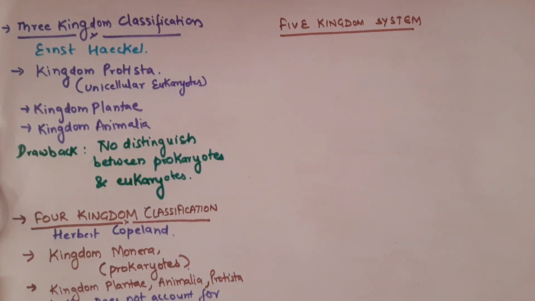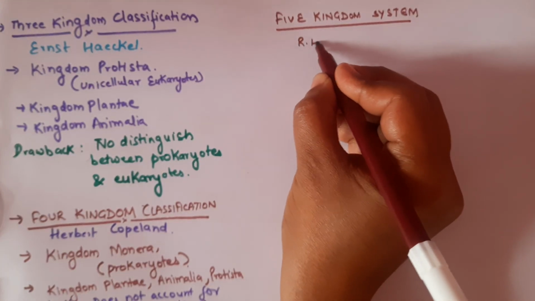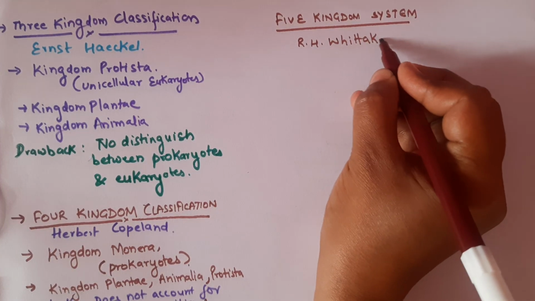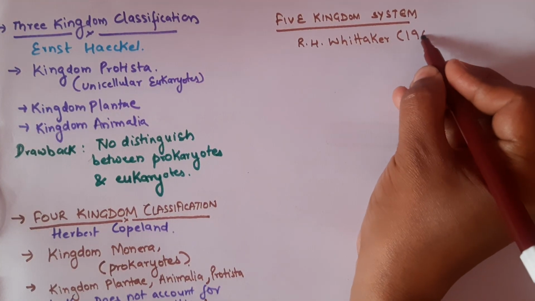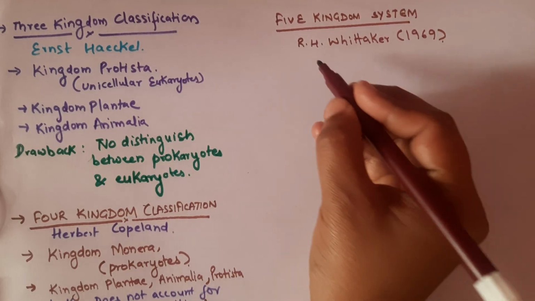So this is the most acceptable classification system, and it was proposed by R.H. Whittaker in 1969. So he included a separate kingdom, the kingdom Fungi.